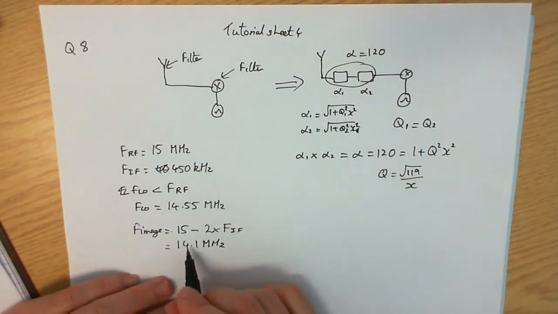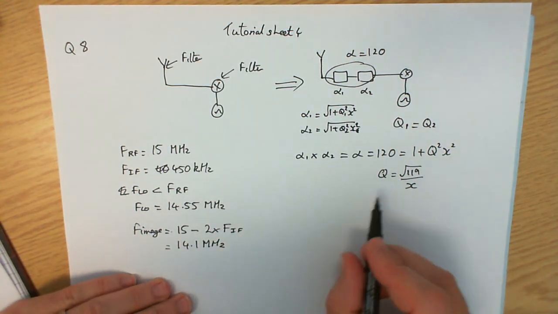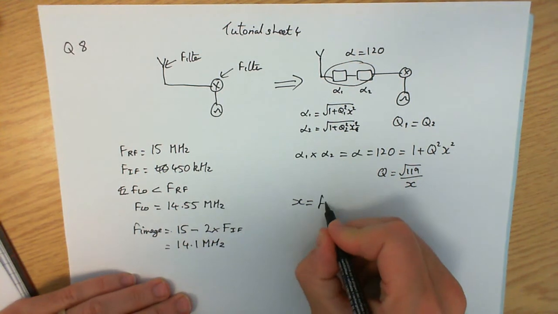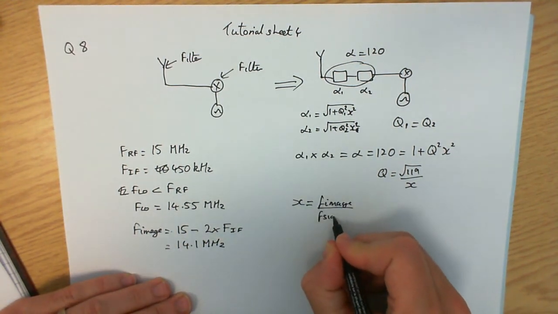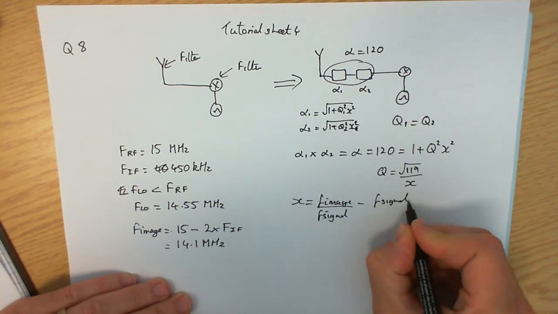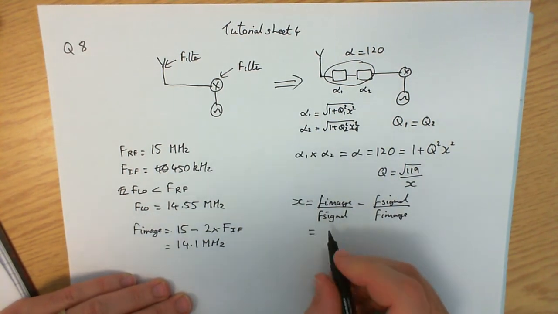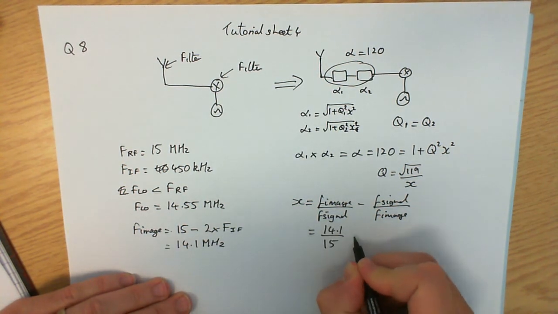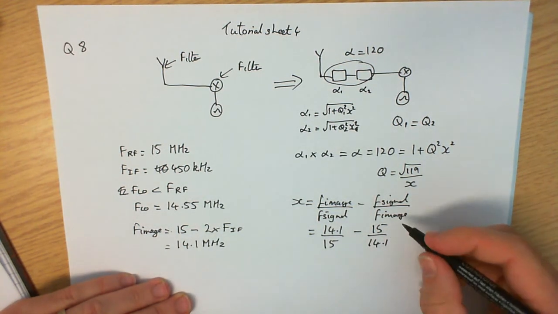So we know what the image frequency is, we know what the signal frequency is, we can then work out what x is. So x is equal to f image over f signal minus f signal over f image, which is going to be equal to 14.1 divided by 15, subtract 15 over 14.1.